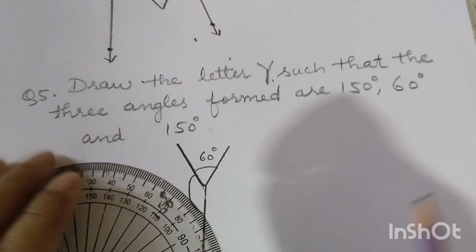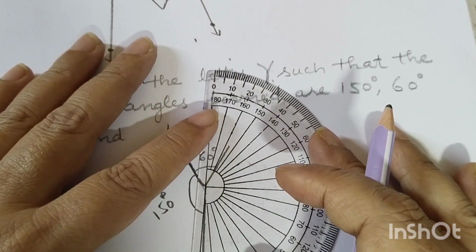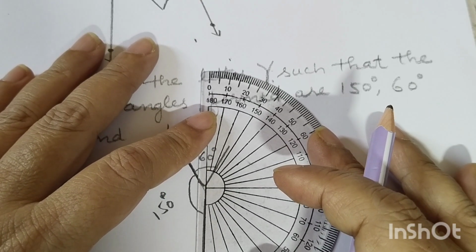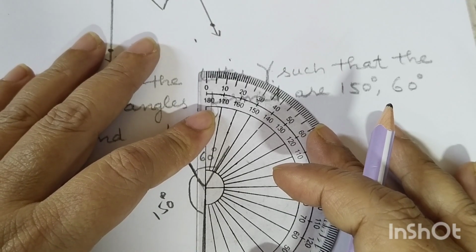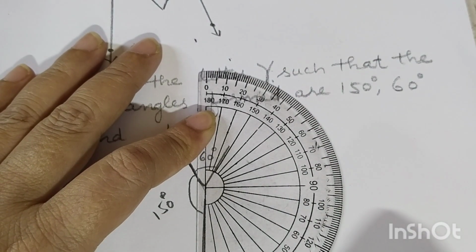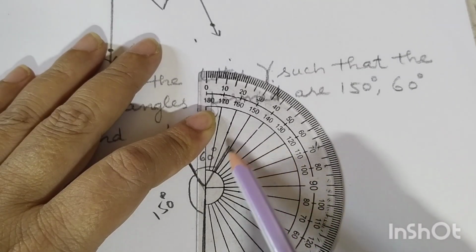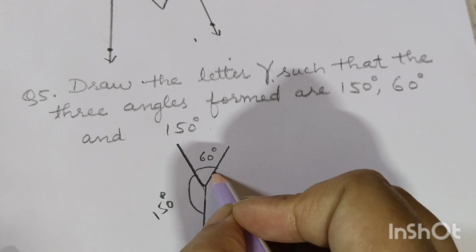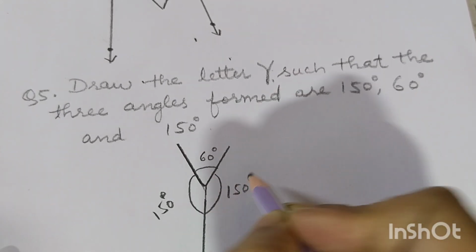Now when you measure this angle, dear students, look here. Start counting from here, 0 to the line goes up to 150. This angle is also of 150 degree.